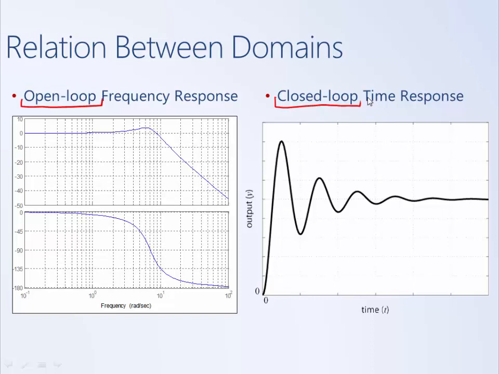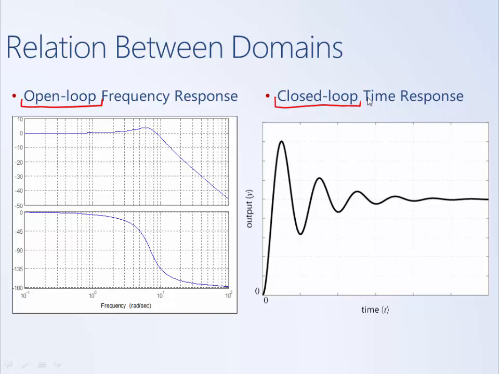The reason why we want to use the open loop frequency response for design will be explained shortly. So first, let's just try and use our intuition of frequency response to connect the two, and then this will be summarized on the subsequent slide.